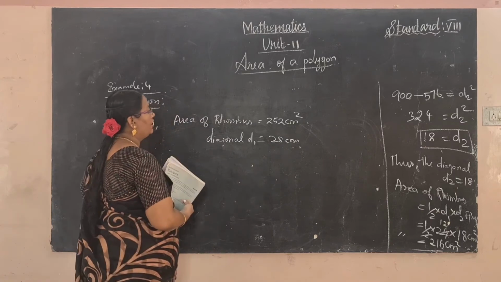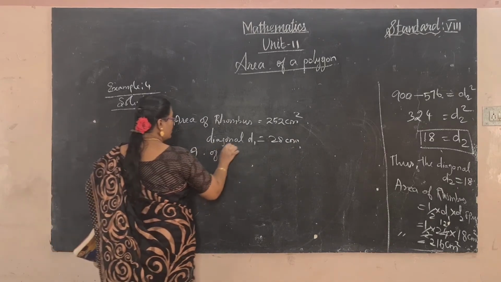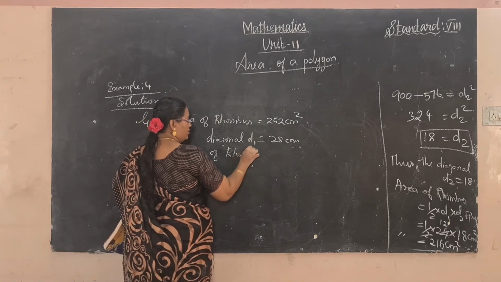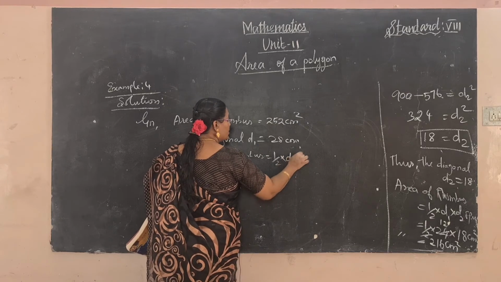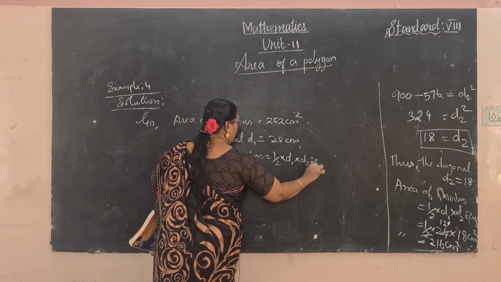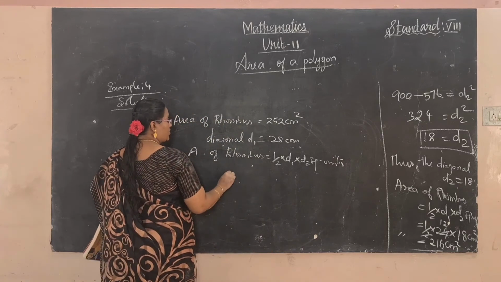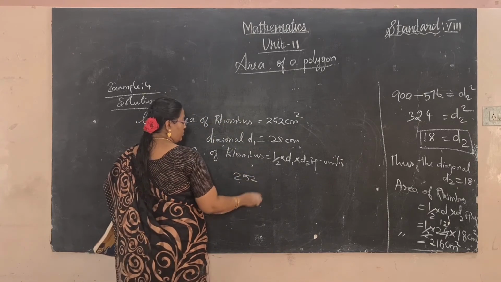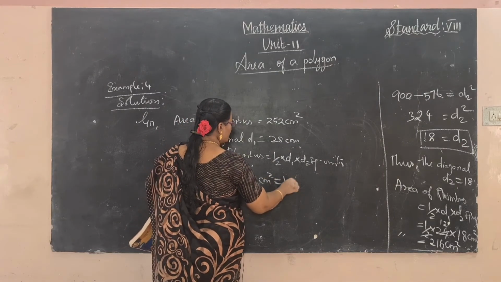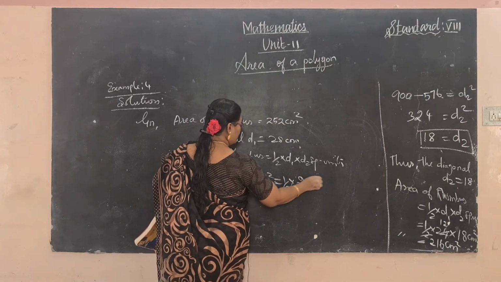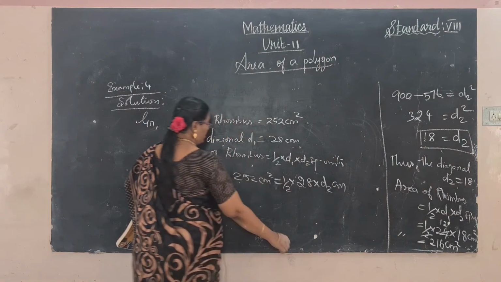Find the length of the other diagonal. Area of the rhombus is half into d1 into d2 square units. So the area value 252 centimeter square is equal to half into d1 value 28 into d2, which we have to find out.